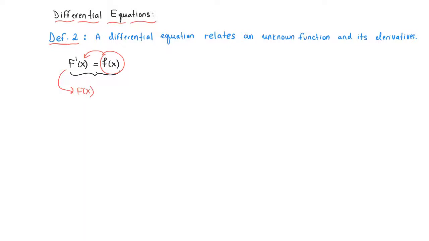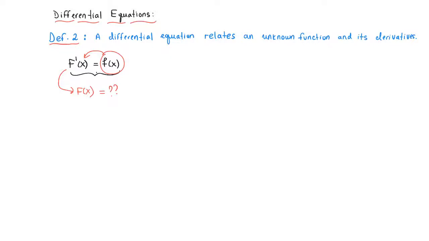So big F of x is the function that we don't know. We usually have to look for that function. Again, which function do I have to differentiate to get, for example, sine x? There you are thinking about which function needs to be differentiated to get sine of x. So that's the unknown function.